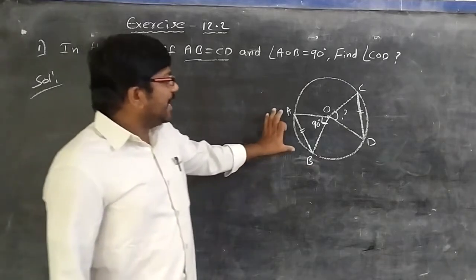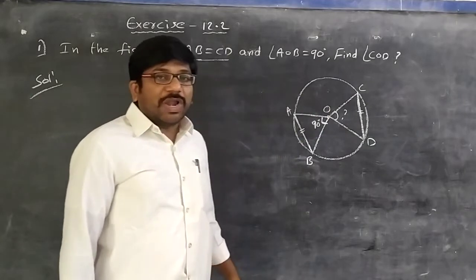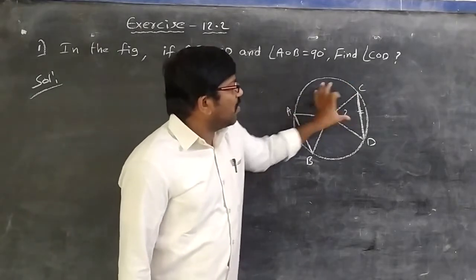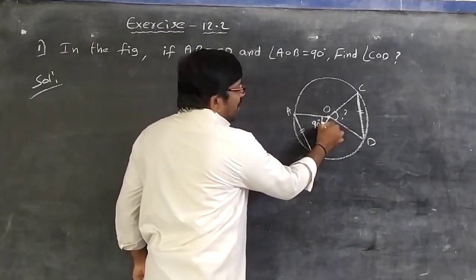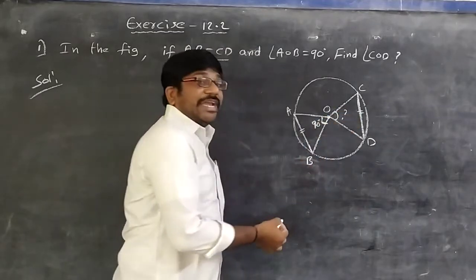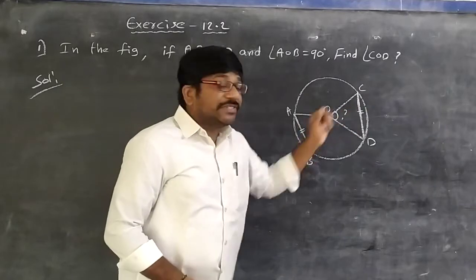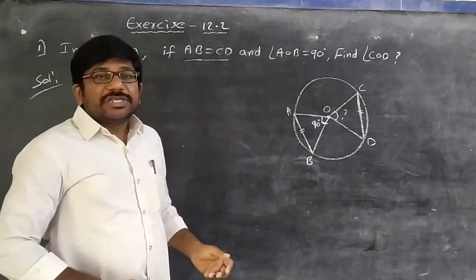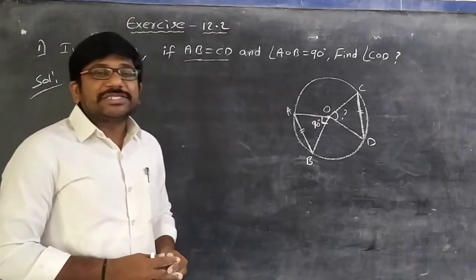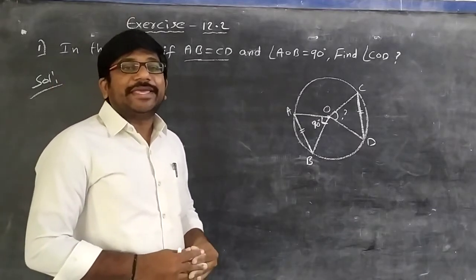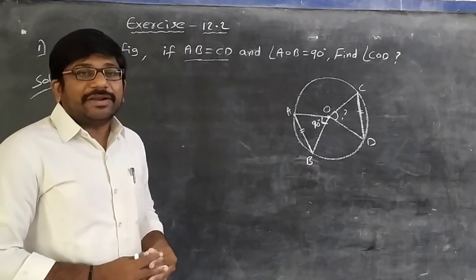Here AB and CD are equal chords. These two equal chords subtend equal angles at the center. If it is 90, it is also 90 because these two chords are equal. Already discussed in the previous video.